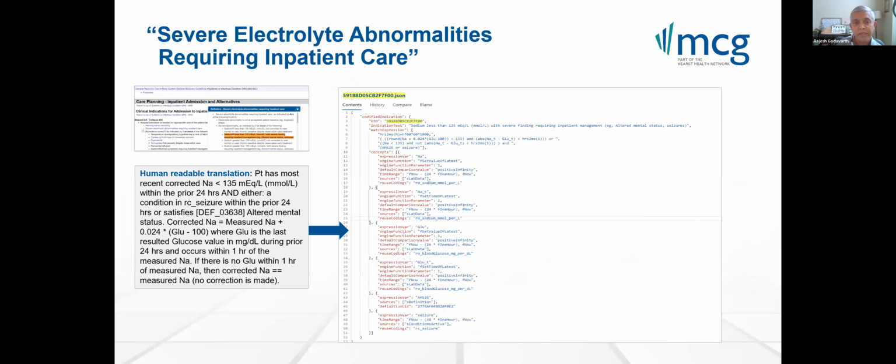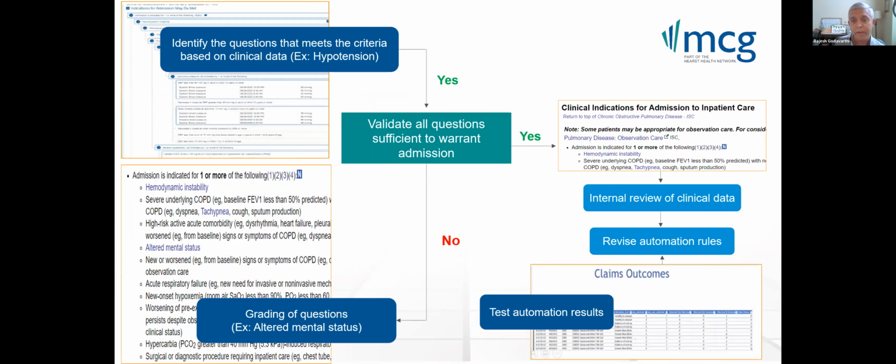For every question in a guideline, and MCG has hundreds and hundreds of guidelines for inpatient, outpatient, and the continuum of care, we have created a dedicated team to manage this evidence, the whole informatics team, preserving the clinical intent and creating these rules and algorithms, so that when we match this data with a clinical record, we are confident that what we are saying is true. Because we are an evidence-based company. Everything we do, we want to make sure is something we can back.